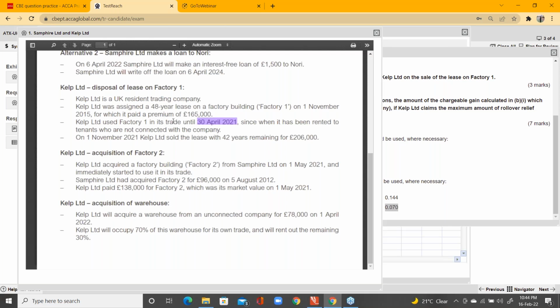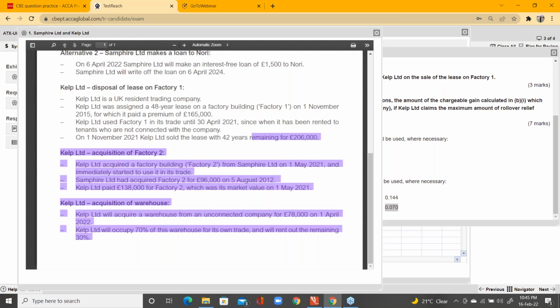From the ownership period of 6 years, there are only 6 months when the company rented out, meaning the asset was not a business asset for 6 months out of the total 6 years. 6 years multiplied by 12 months means from 72 months the asset was not being used for business purposes for 6 months, and 66 months are the business use of the asset. On 1st November 21, K Limited sold the lease with 42 years remaining for 206,000.